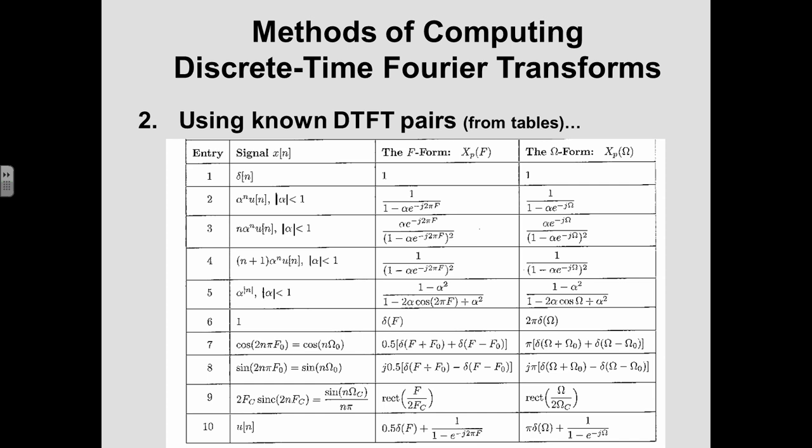Just as there were two versions of the continuous time Fourier transform on whether you're using a Hertz kind of frequency or a radians per second kind of frequency. Here in the discrete time version, we would have a frequency variable that's capital F as cycles per sample, and the omega form would be radians per sample, would be the units on that.